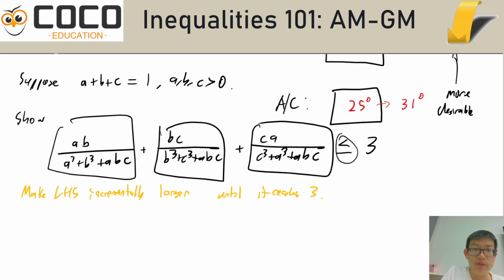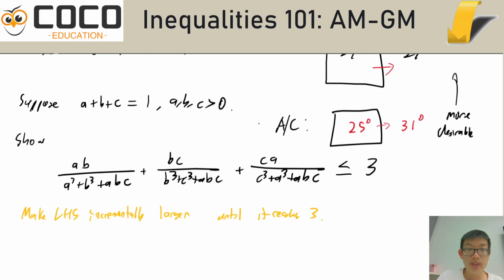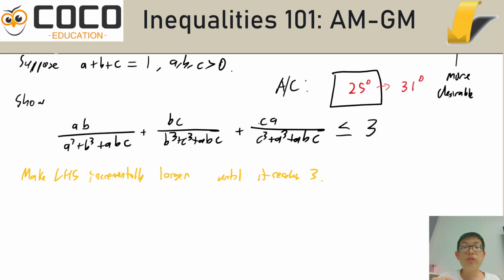Furthermore, I don't really want to multiply this. Too horrible. To make the left-hand side incrementally larger, it means that either I will make the numerator a bit bigger. How do I make a be a bit bigger? Do I want it to be that a plus b squared over 4? I don't see why that's useful. So numerator up or denominator down.